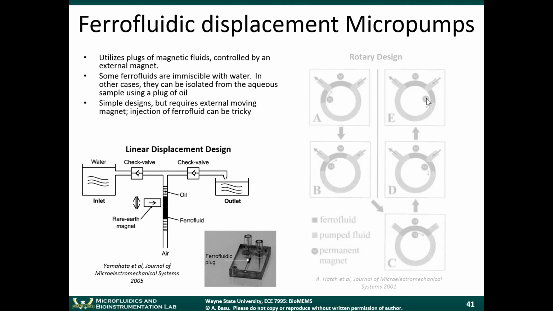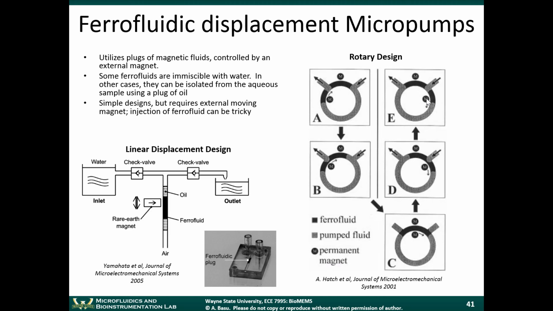So these ferrofluidic displacement micropumps, it's an interesting way to pump fluids using something called a ferrofluid. A ferrofluid is a magnetic fluid. And some of these ferrofluids are immiscible with water, so they're kind of oily.